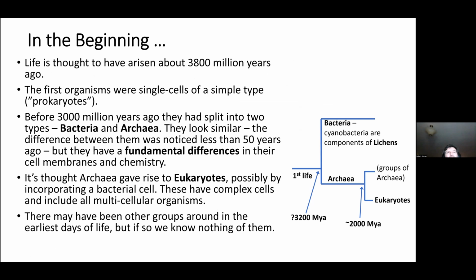Okay, so how far back in time do we need to look to find the origin of everything we find in the intertidal zone? Well, the answer is almost to the beginning. And the reason for that is due to lichens, basically. The lichens you find in the upper parts of the intertidal zone and just above where the waves splash the higher rocks, the shoreline, are actually made up, as you probably know, of two separate types of organisms.